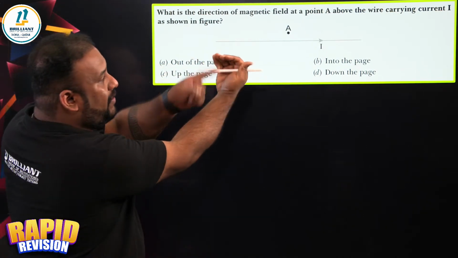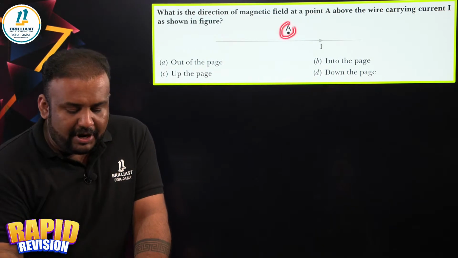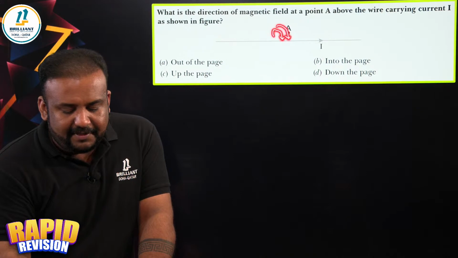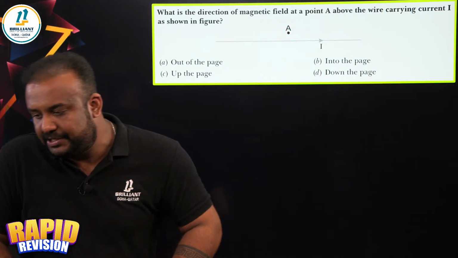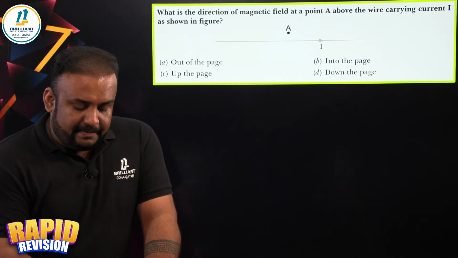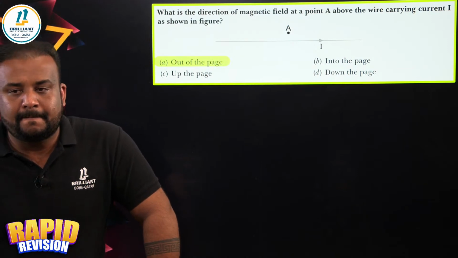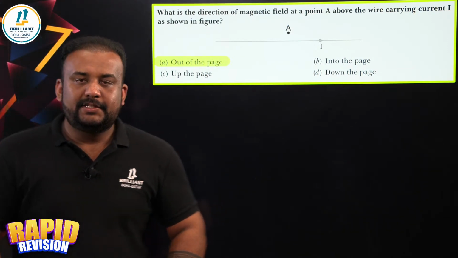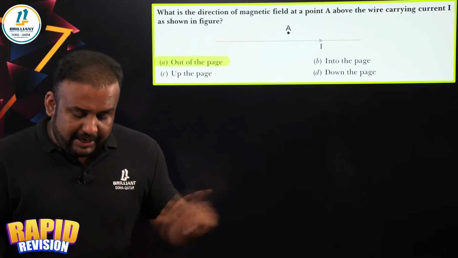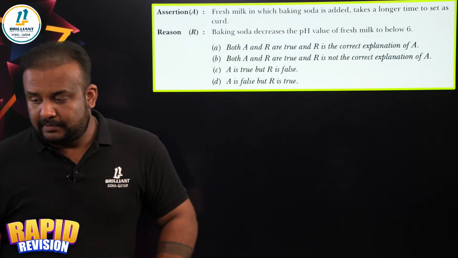If it was below, it will be going inside. So at the point A, the magnetic field lines are emerging out. It looks as if they are emerging out of the page. Yes or no? Yes, it is A. Is that clear to everyone? So do not forget right hand thumb rule and Fleming's left hand rule. What is its application? One question is sure.